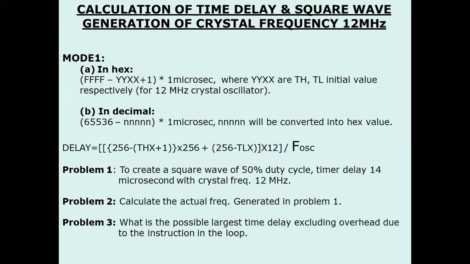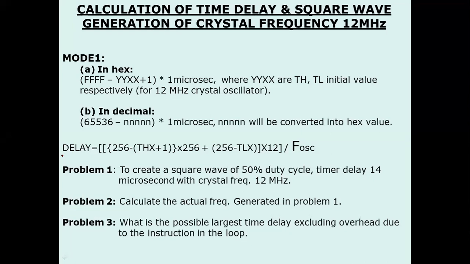Now this is a very important thing: whenever we are using an 8-bit register to generate the time delay, then we have seen some calculations. Here we will see another calculation. Just write in your copy, otherwise you'll forget.